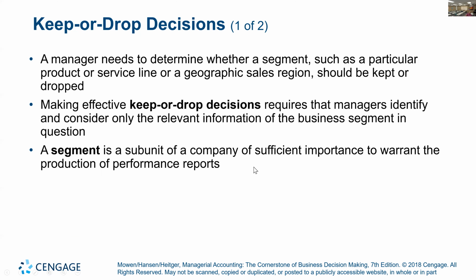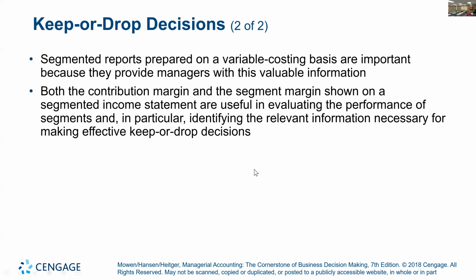Keep or drop. This is another one. Segments that may be losing money, and sometimes you might think, yes, it's losing money, let's get rid of it. But again, start looking at relevant costs. We're going to look at fixed cost again here. That's the big thing in most of these. Sometimes segments that are losing money have some of that fixed cost allocated to them through that overhead process that we did back in the first units.